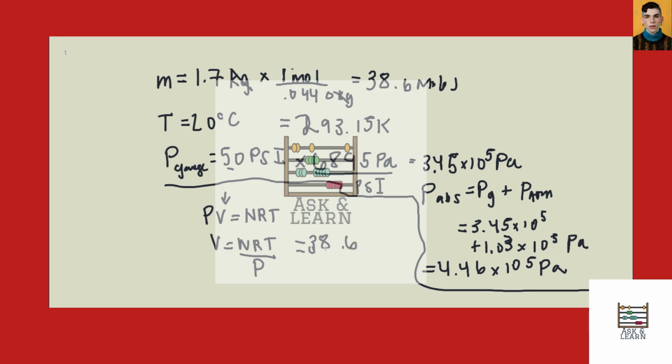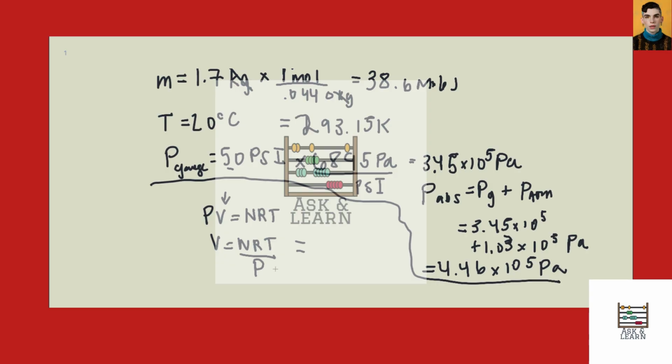38.6 moles times 8.31 joules per mole Kelvin times 293.15 Kelvin, all divided by this huge pressure, 4.46 times 10 to the 5 pascals.